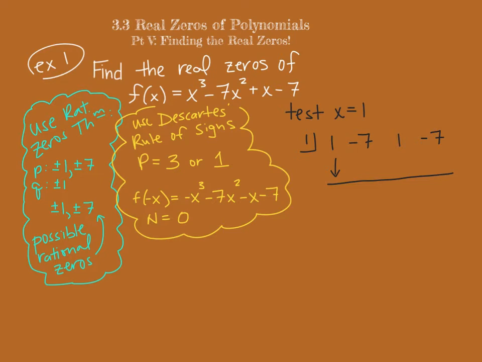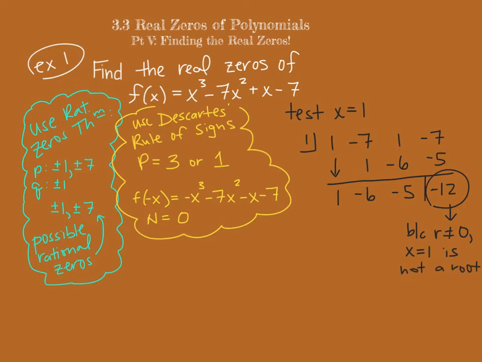So we'll do our synthetic division: bring down the 1, 1 times 1, add those to get -6, multiply -6 times 1 to get -6, add 1 and -6 to get -5, multiply -5 and 1 to get -5, and we have a remainder of -12. Because our remainder is not equal to 0, that means that x equals 1 is not a root.